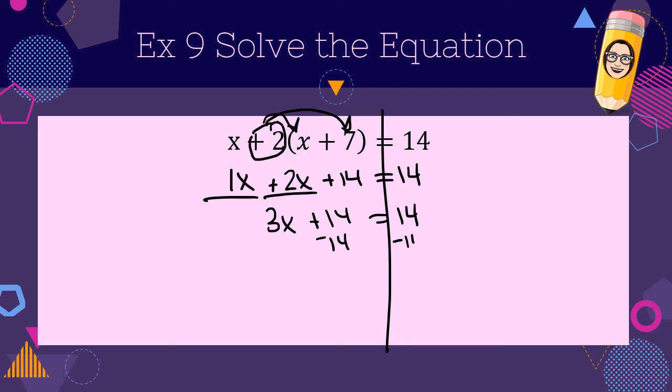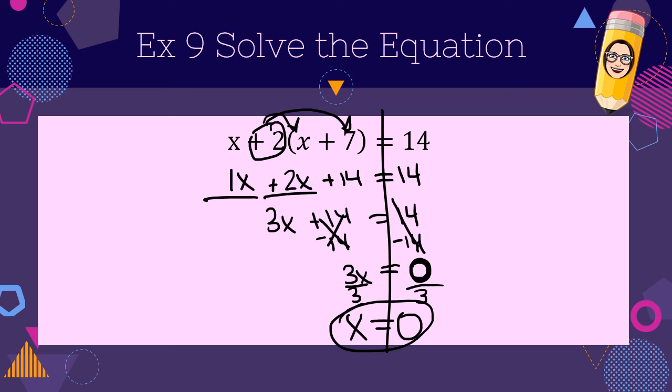Instead of add 14, let's minus 14. 3x falls down. 14 minus 14, it's like it cancels, right? You're going to want to go like this with a slash, but I need something there, so I put a 0. Instead of times 3, we divide 3. 0 divided by anything is 0.